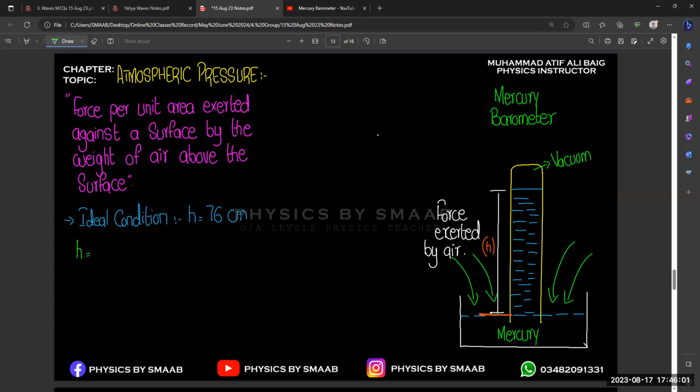And the concept of height is that you need to know about the level of the height. So we need to measure this height from the bottom of the tube to the maximum level of the liquid. Now you can see that the bottom of the tube is immersed in the liquid, right? And we take the height from the surface of the liquid, right?